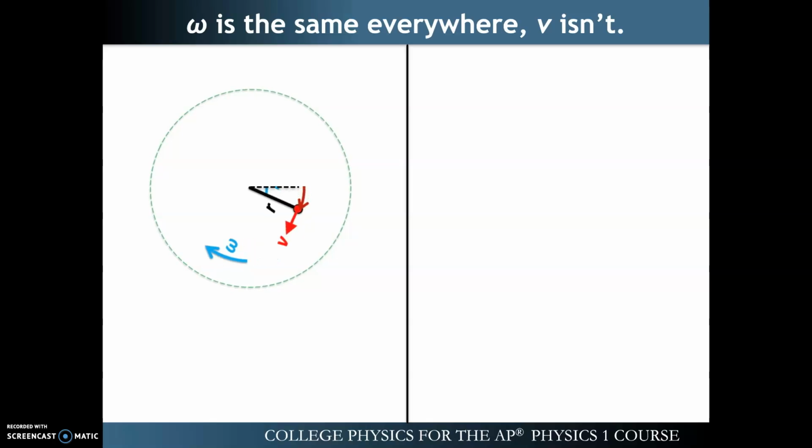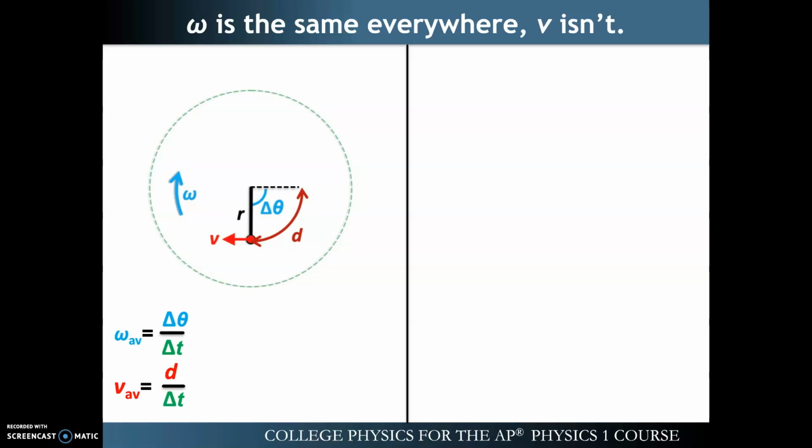On the left here, we see that dot moves from one angle to the next. We could compute the angular velocity with the angular displacement over time. But if we wanted to know the speed of that location, we're dealing with the tangential velocity. That's the arc length, that distance over time.